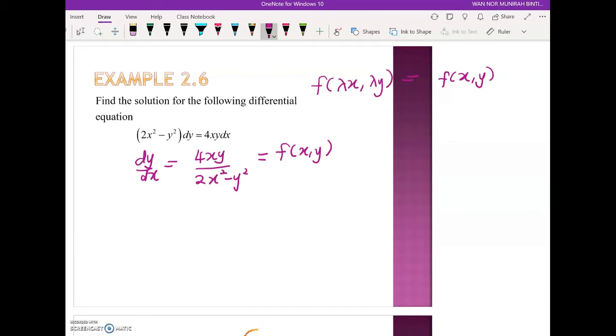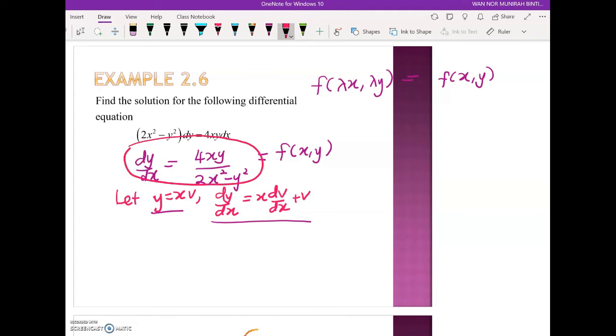But just now we already tested this equation by simply looking at the power or the degree. So I proceed to use the substitution y equals xv, and the first derivative is dy/dx equals x dv/dx plus v, using the product rule. Then I substitute both of these into my differential equation.